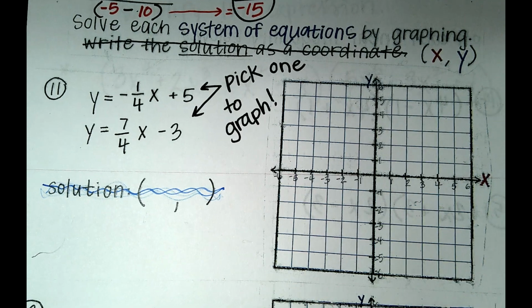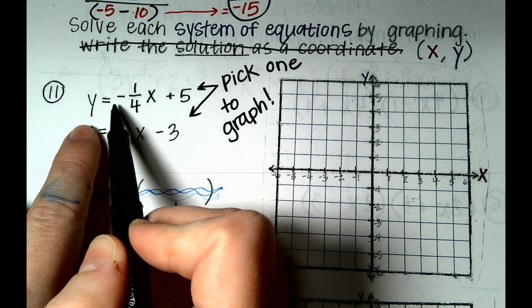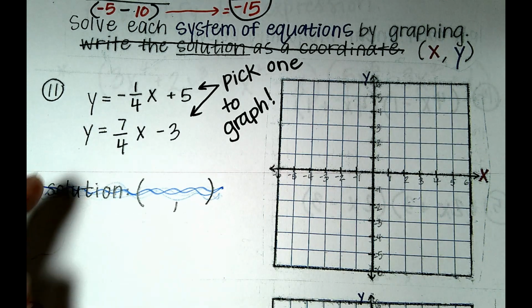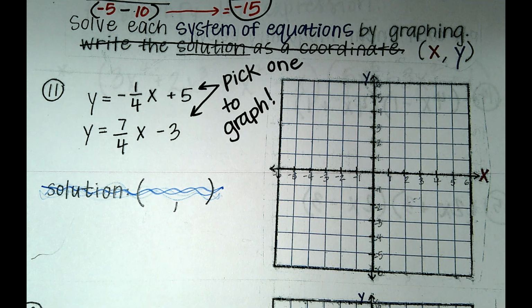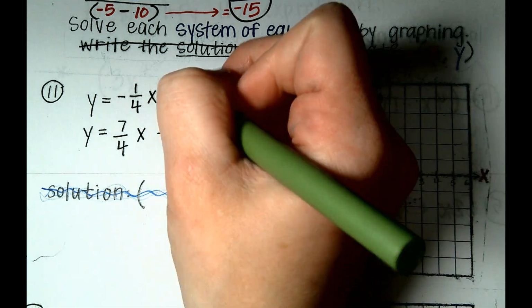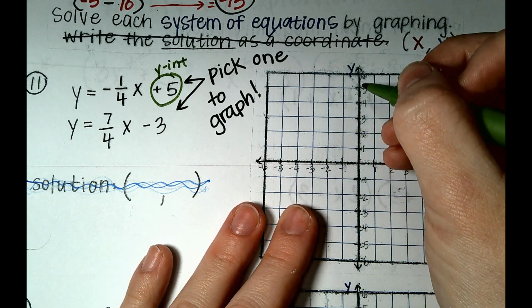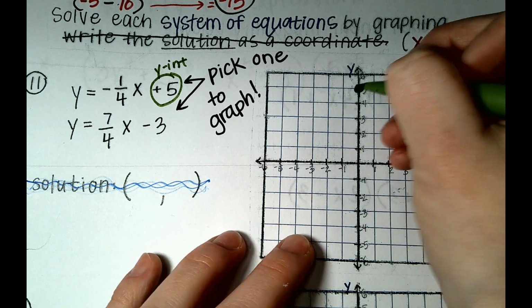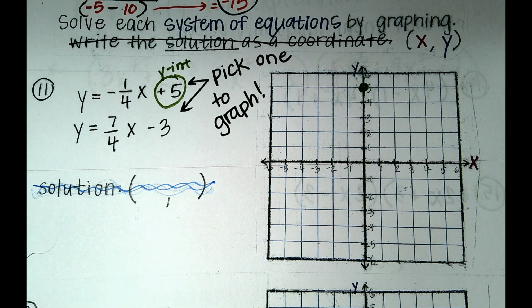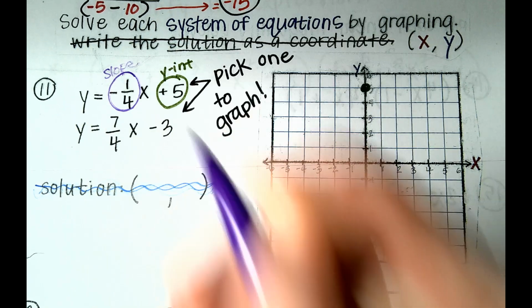Okay, so let's start with the top equation. I have y equals negative 1 over 4x plus 5. Where's my starting point? 5, positive 5. That's our y-intercept. So I'm going to go to my graph and find positive 5 right here. Yes, my slope is negative 1 over 4, so I'm going to go down 1 over 4.